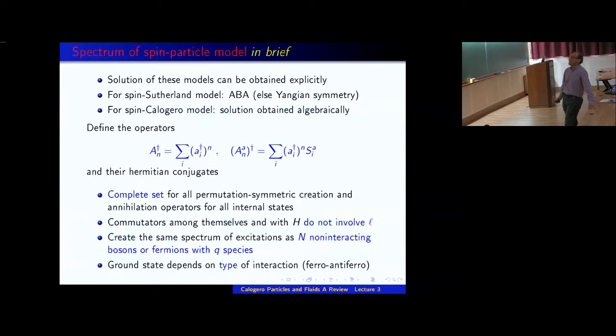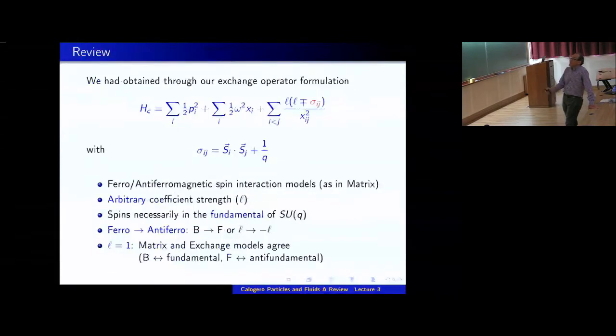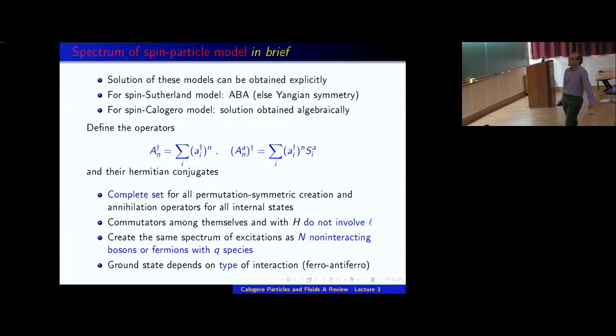I will very briefly mention, not even describe, that by using the fact that this started as an integrable model, it's also solvable. And you can find the spectrum and the eigenstates of this model with the particles having these spins, and you can do it through these operators.